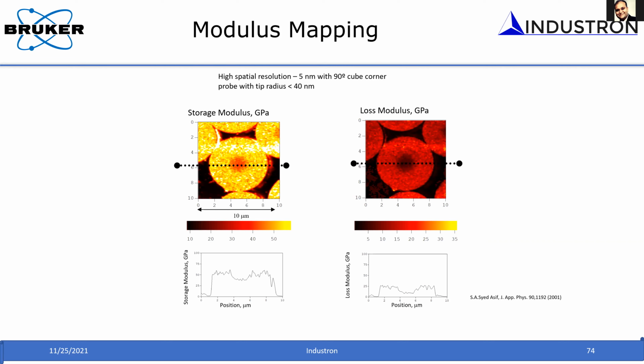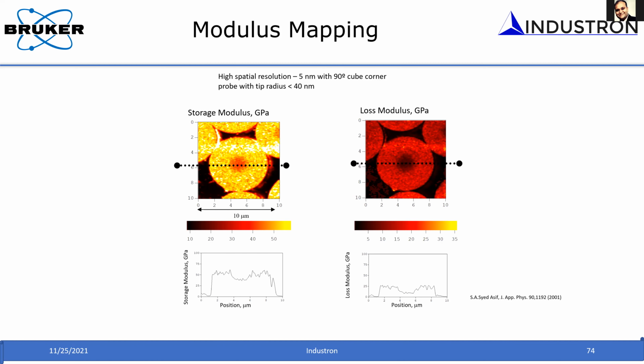So this kind of measurement gives you the power of doing many indent experiments. For example, this is an image of 256 by 256 points.